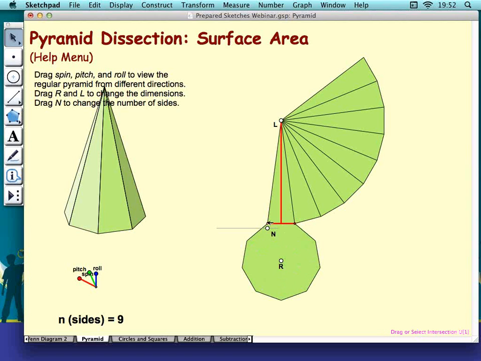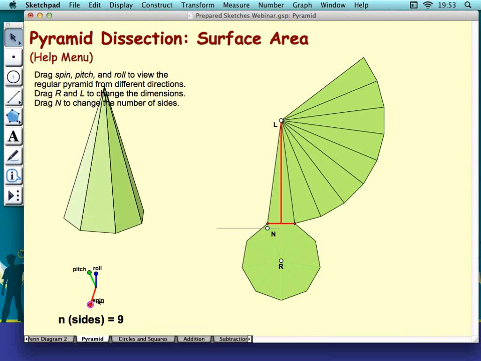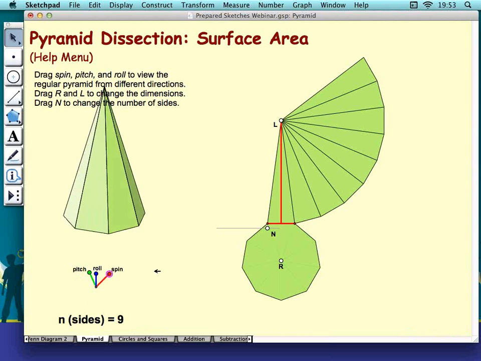So taking that surface area and then this length times the slant height, and they can imagine where the slant height has to go because they're making the connection between the three-dimensional view and the net. So by the time they're done, they're able to develop themselves the formula for the surface area of a pyramid based on the slant height, the apothem, and the length of each side of the base.